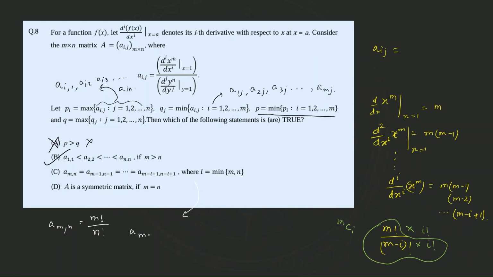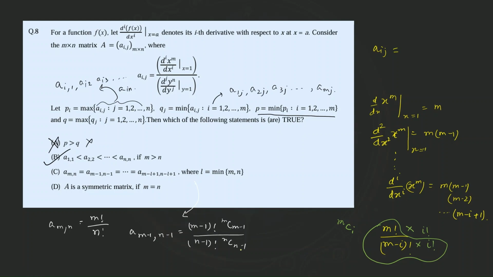Similarly, if we calculate the m minus 1, n minus 1 element, it is equal to m minus 1 factorial times mc m minus 1 divided by n minus 1 factorial times nc n minus 1, right?